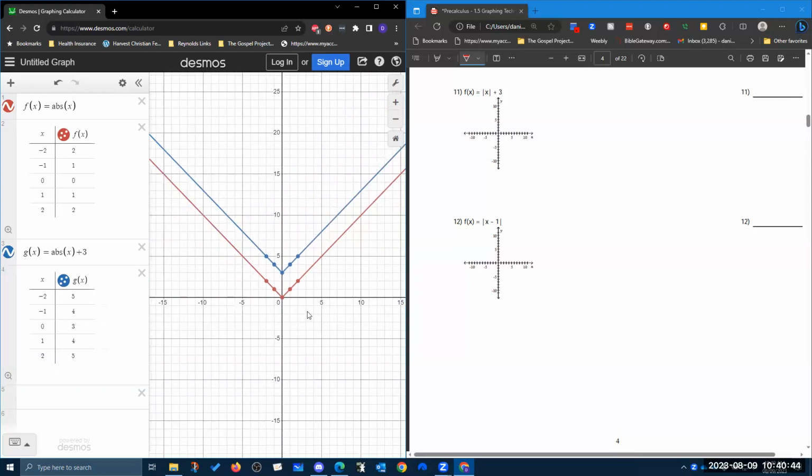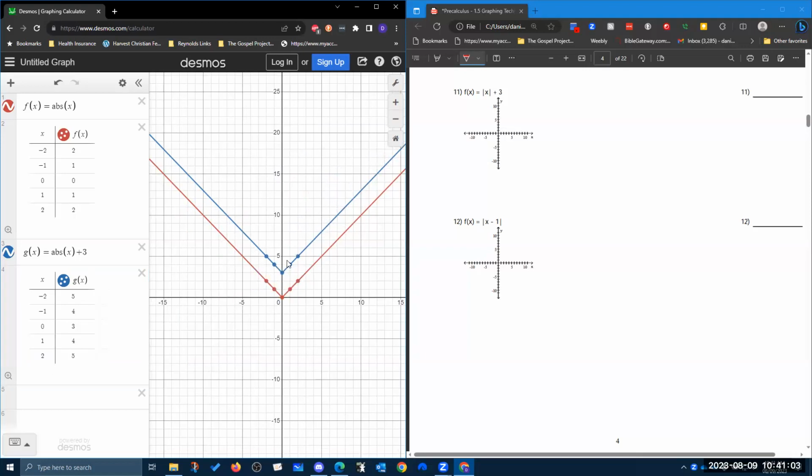And let's see now, left and right, I want to see that it's symmetric about the y-axis here. It has not moved left or right. And I get this nice V shape where every point on the right is reflected to the left, like so in the parent graph.